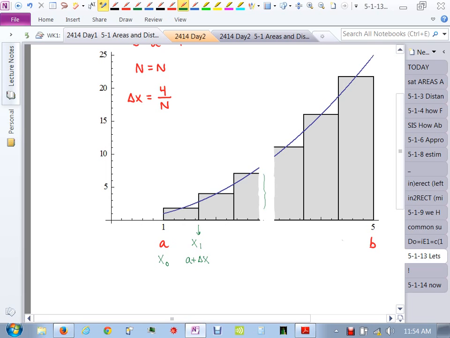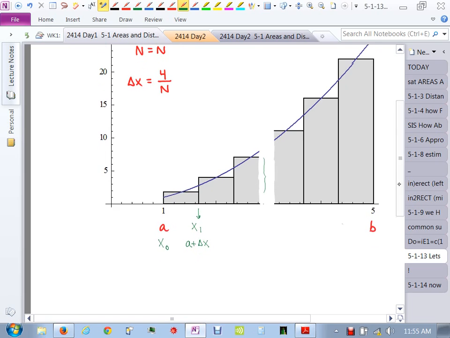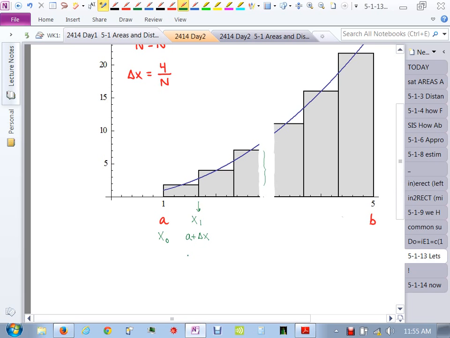We don't know where it lands. What we do know is that it's wherever we started plus whatever the width of a rectangle is. Any questions on that? That's critical that you see that. But I can go even further than that. Can't I say that that's A plus, what's delta x? 4 over n. And I'm going to stress it a little bit more. I'm going to put a 1 right in front of that 4 over n.